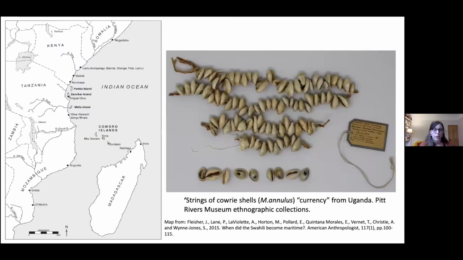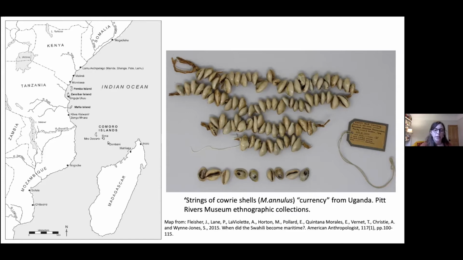What we do know is that in the 19th century, these annulus cowries became very closely associated with the caravan trade routes and the ivory and later slave trade in East Africa. Historians such as Karin Palava and others have noted the close association between annulus cowries and currency in East Africa in the 19th century.